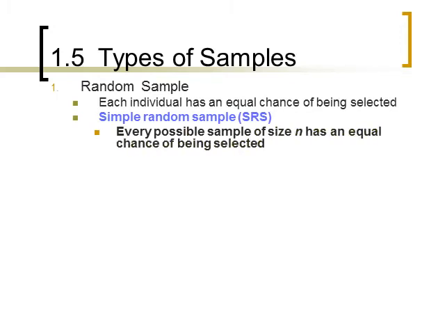Now an offshoot of a random sample is a simple random sample. In this, and this usually involves a group, so we're selecting groups, every possible sample of a size has an equal chance of getting selected. We'll talk about that in some later examples. Another type of sample is a systematic.